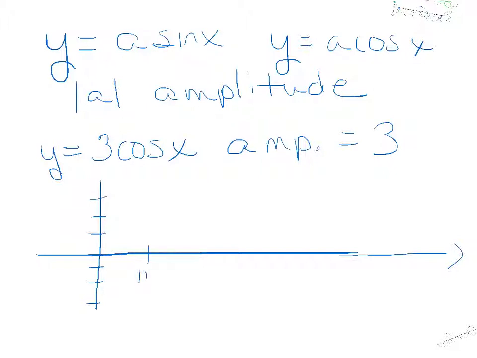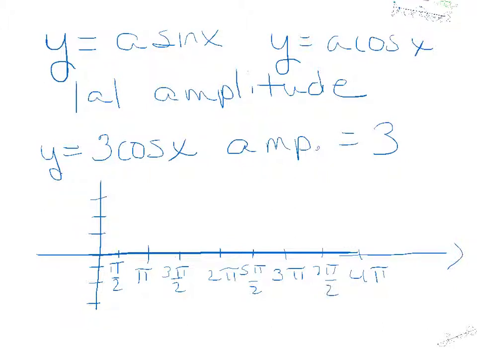So we have pi, 2 pi, 3 pi, 4 pi. Now that's 2 periods' worth. We also have these marks halfway in between: pi over 2, 3 pi over 2, 5 pi over 2, and 7 pi over 2.